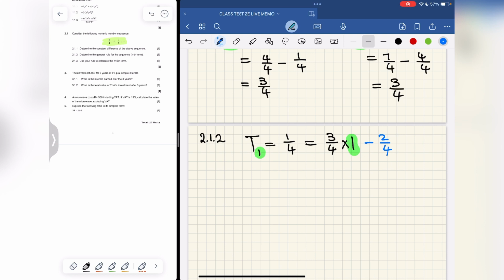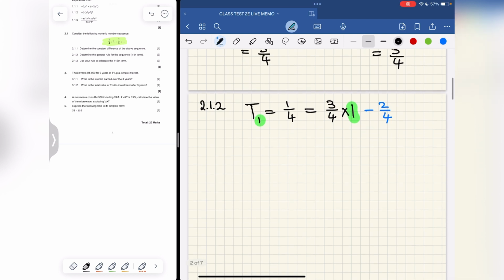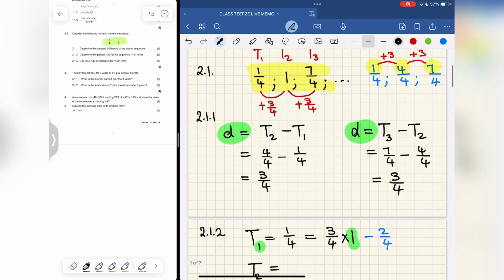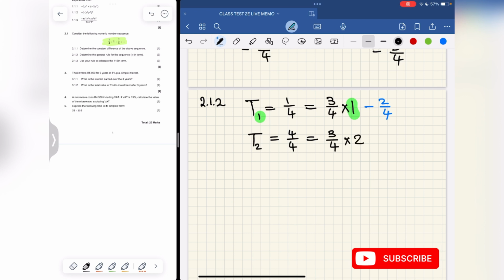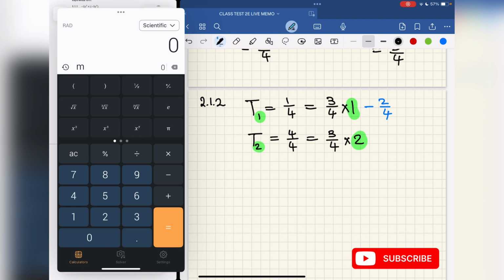We know that this is going to work for the other terms also, but I'll just do it anyway. So term 2 is 1, but I'm going to write it as 4/4 just to make this simpler. We again take our constant difference of 3/4 and multiply it by the term position here, which is 2. And 3/4 times 2, if you work it out, is 3/4 times 2 over 1.